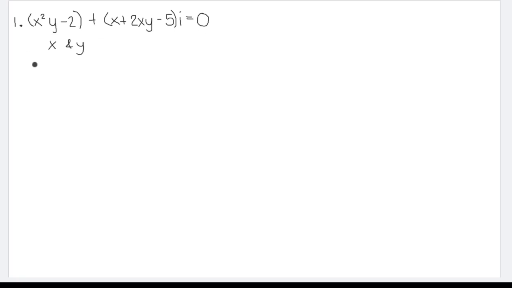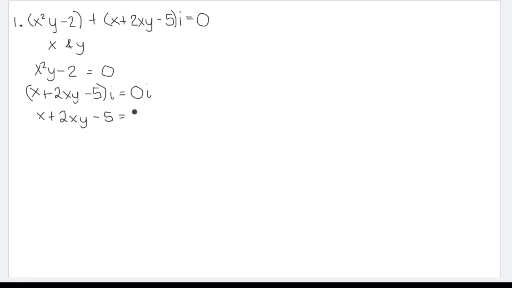The real part of the left hand side is x squared y minus 2, and at the right hand side that is 0. Then for the imaginary part we have x plus 2xy minus 5 i equals 0i. So therefore we have x plus 2xy minus 5 is equivalent to 0.